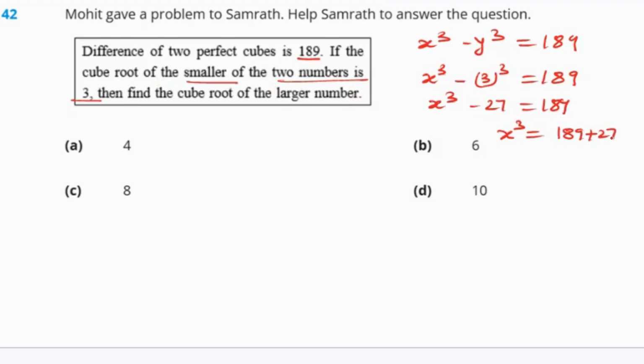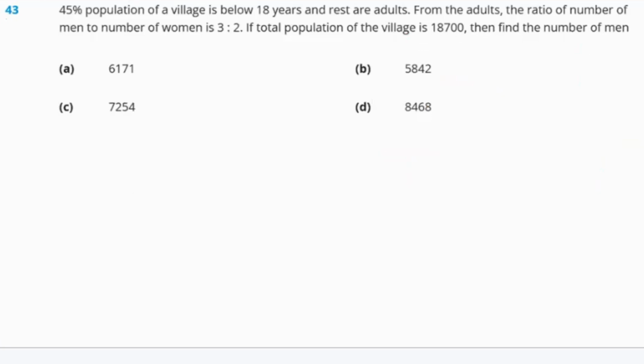And when we are doing 189 plus 27, we will be getting 216. Correct. Now, according to the question, 216 is the cube of which number? That is 6. So our answer has to be option number B, 6. Got it? Now we are moving towards the next question, which is question number 43.